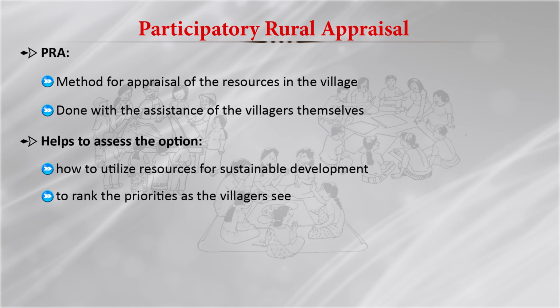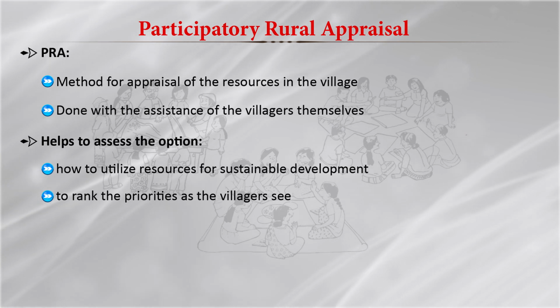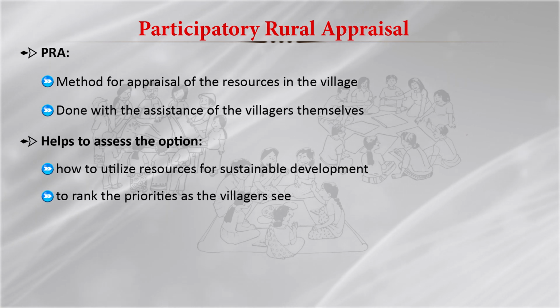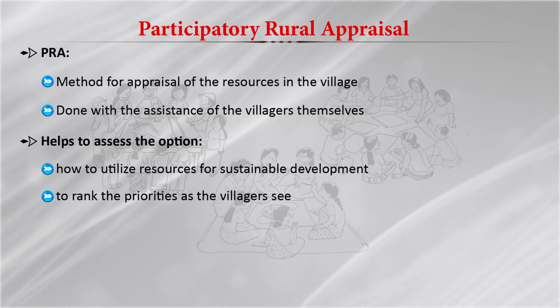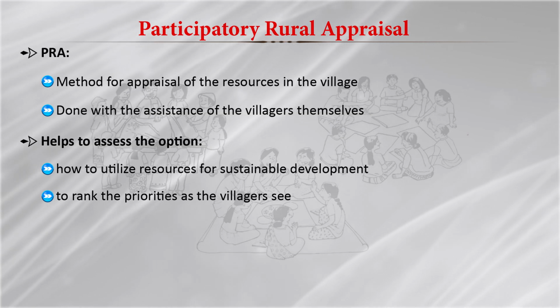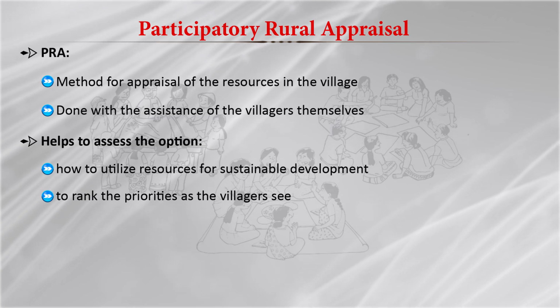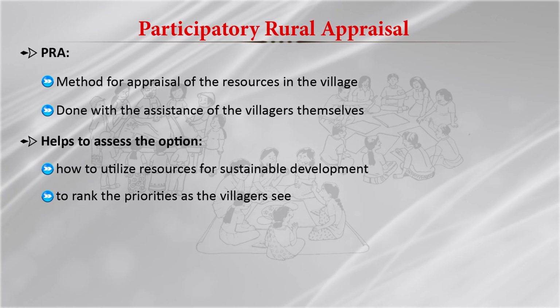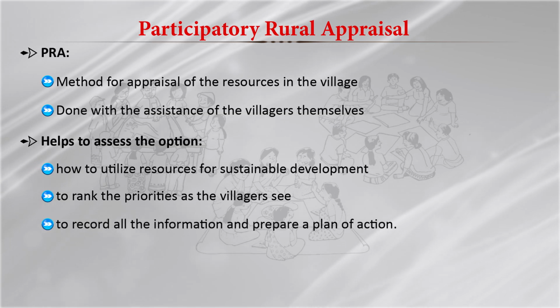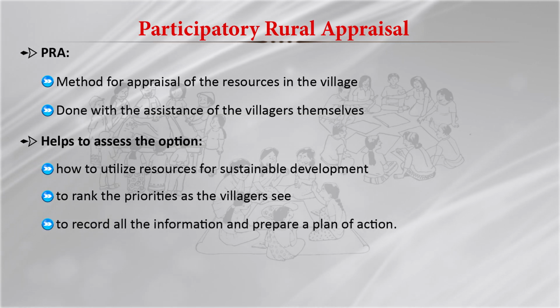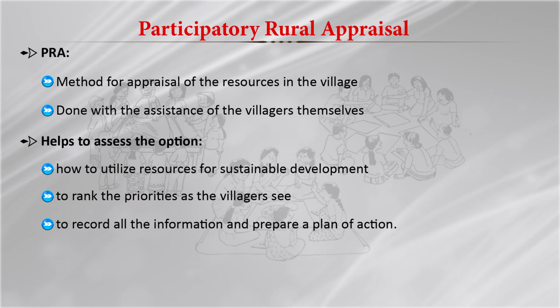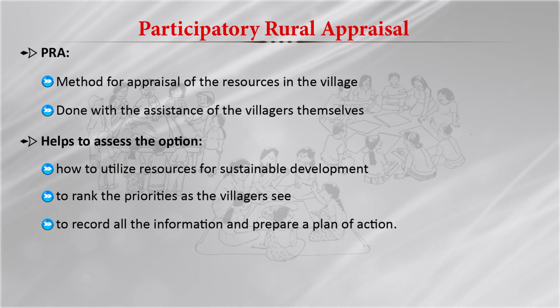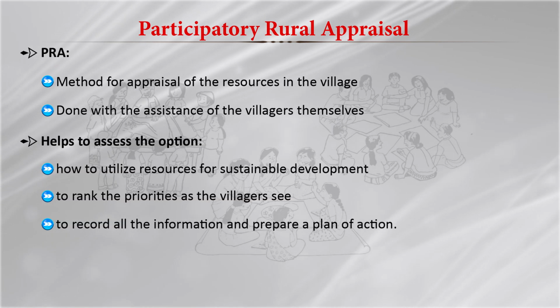Through these PRA techniques, we can rank the priorities as the villagers identify them. As the villagers see which is the most important activity, we can take up that activity first. This technique also helps in recording information, and we can prepare the plan of action based on the available resources and the information provided by the villagers.